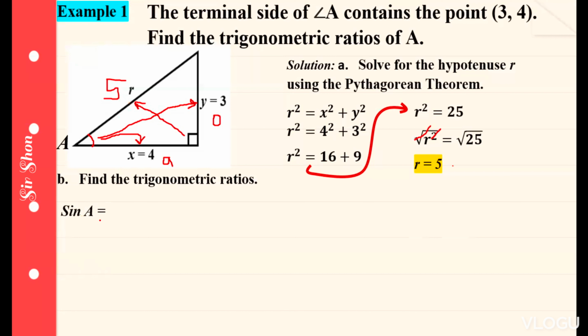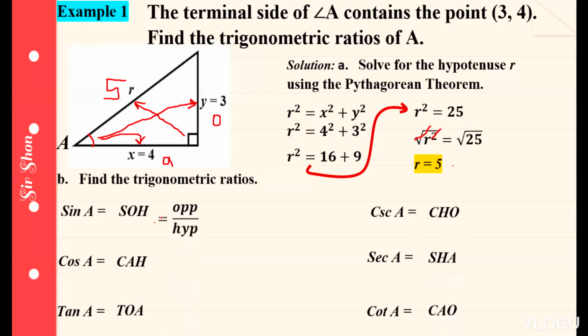To find the measure of sine A, we use the formula SOH, or sine theta equals opposite divided by hypotenuse. S stands for sine, O is opposite, and H is hypotenuse. Our opposite is 3, and our hypotenuse is 5.